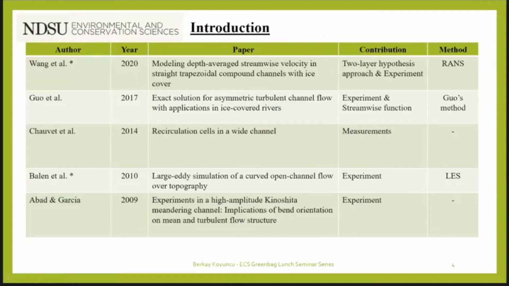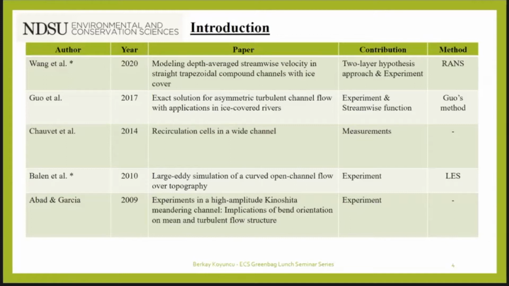And the third one is Chauvet's paper. Basically, this is one of the most fundamental papers in recirculation, explaining the recirculation and the secondary flow structure. Third one, Balan. The contribution that he did is performing his experiment on a topography, because most of the people are doing experiments in labs by using lab flumes, but they are using flat flumes.